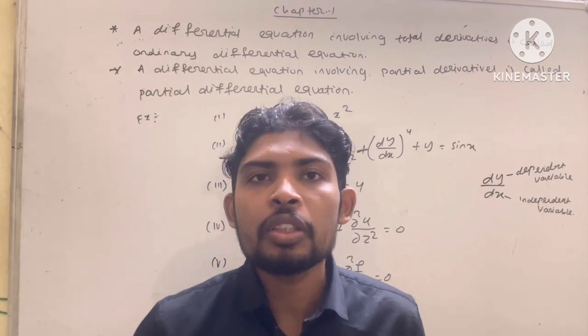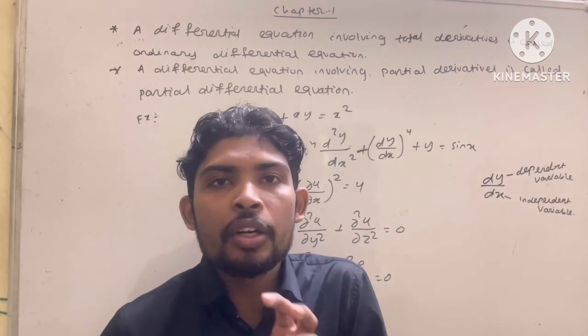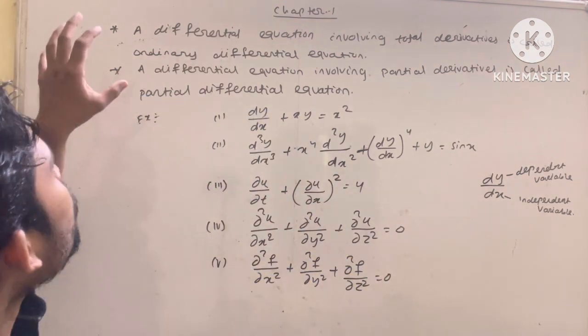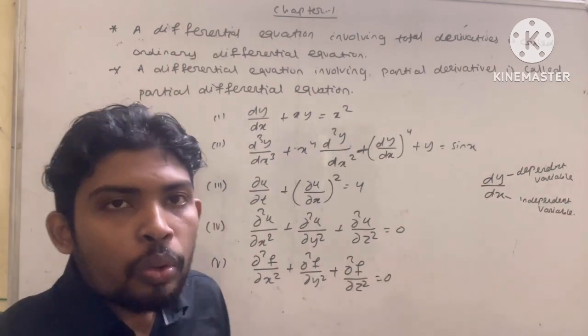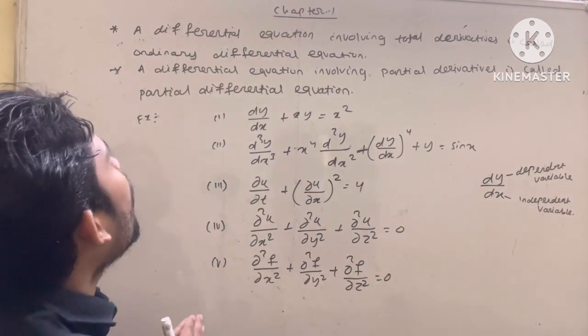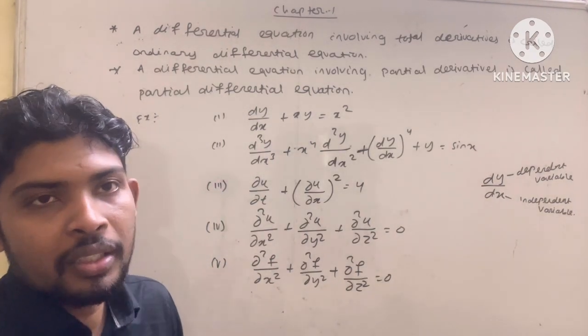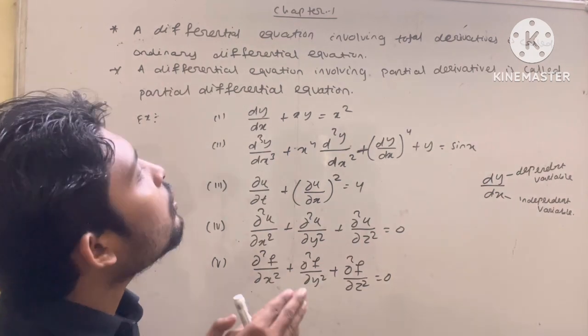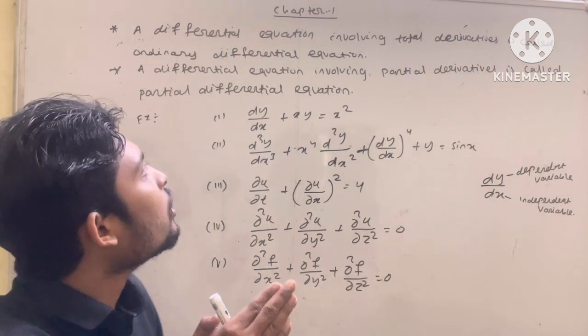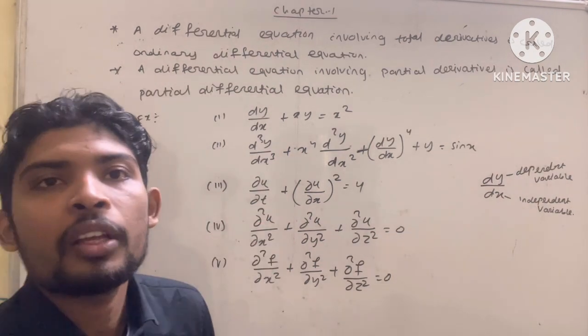So let's talk about ordinary differential equations, right? A differential equation involving total derivatives is called an ordinary differential equation, and similarly a differential equation involving partial derivatives is called a partial differential equation.